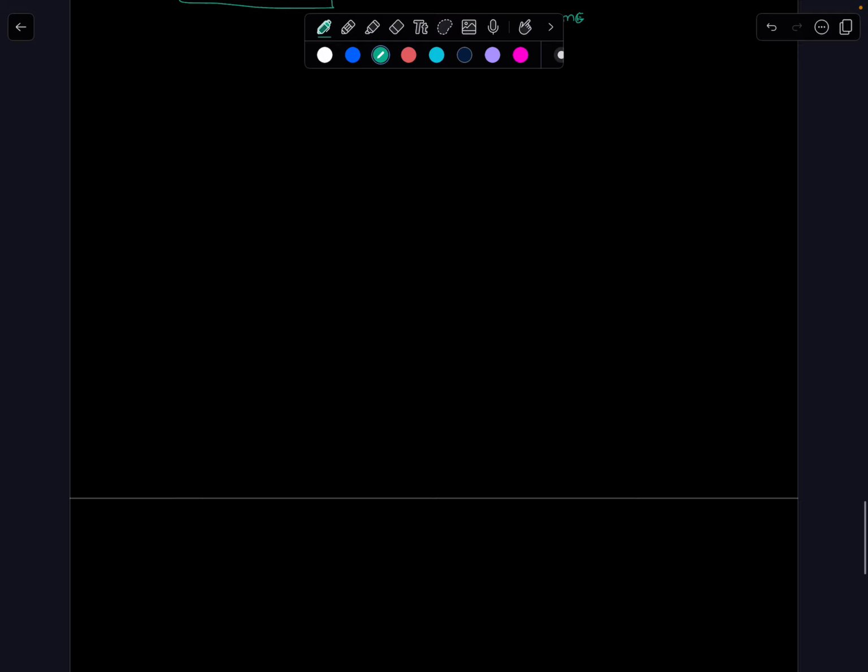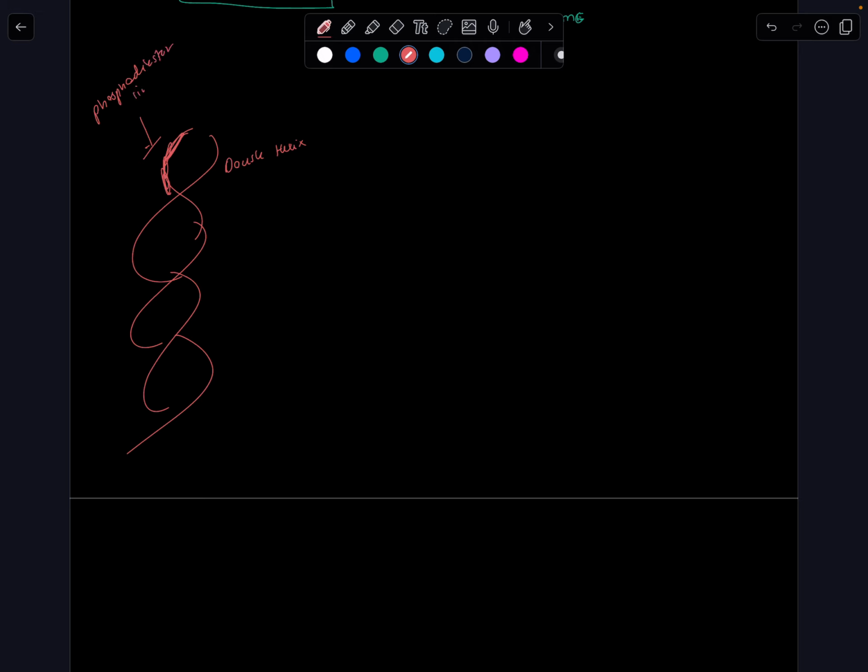Okay, so now let's talk about DNA replication. As you know, DNA is in the form of a double helix, and on these sides we have phosphodiester linkages which create the phosphate backbone of the DNA.